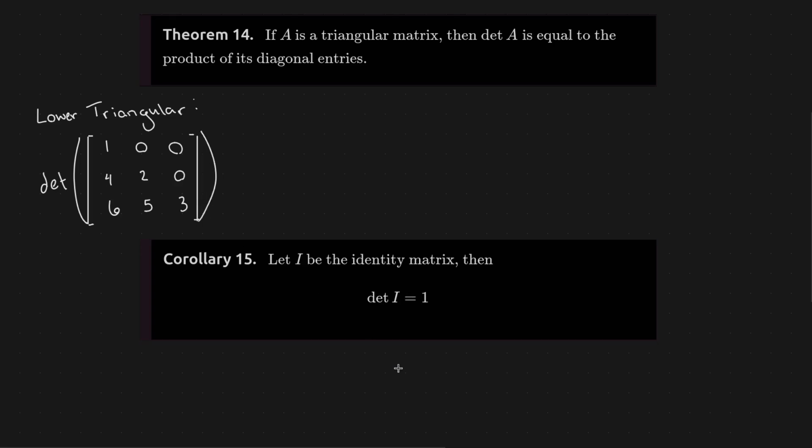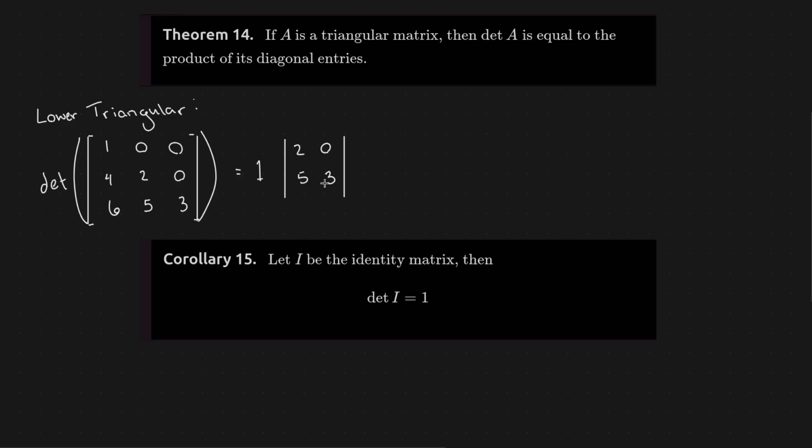Let's find the determinant of this matrix by expanding along the first row. If I expand along the first row, I get 1 times the determinant of what's left. So 1 times the determinant of 2, 0, 5, 3. The other elements in the first row are 0, so I don't have to worry about them. They won't contribute anything to the determinant.